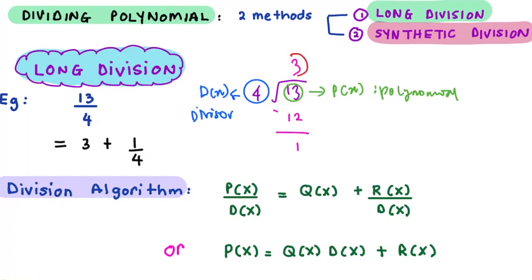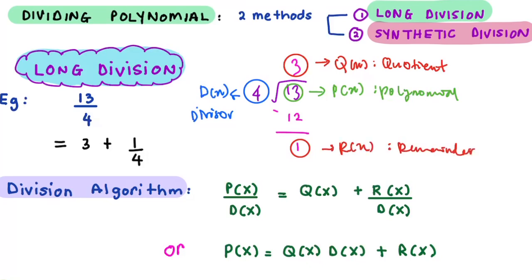Then 3 here, the one that you put as the first answer after you divide, is called qx, which stands for quotient. And after you got 12 here and you minus this, this is your remainder. So let's name this as r, which stands for remainder.